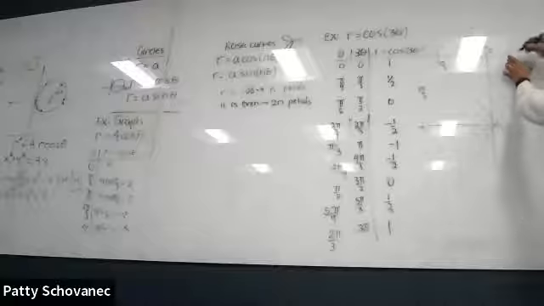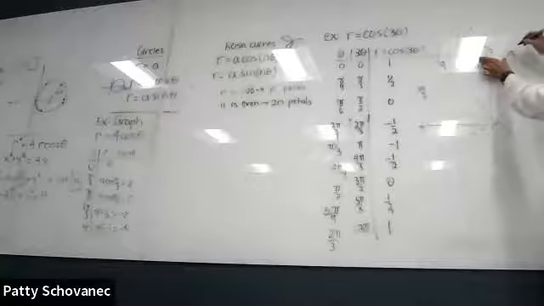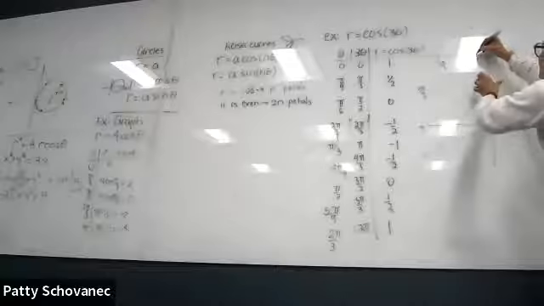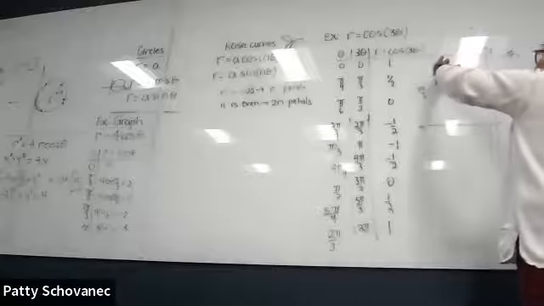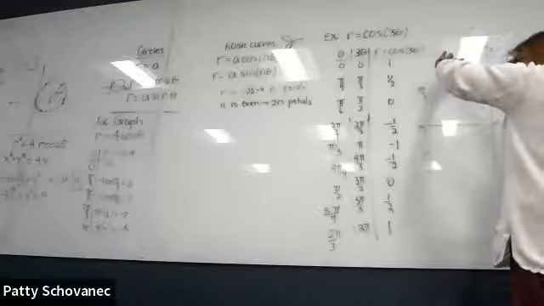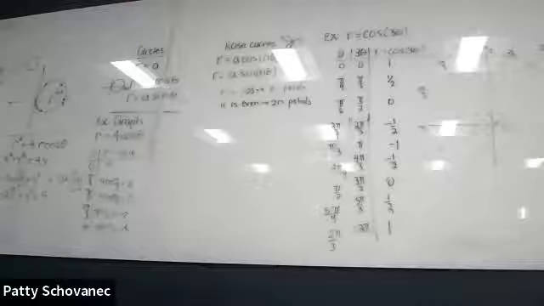Here's 4 pi over 9. That's 5 pi over 9. And that one is 6 pi over 9. I can stop there. Okay, so there's pi over 9 right there for you.